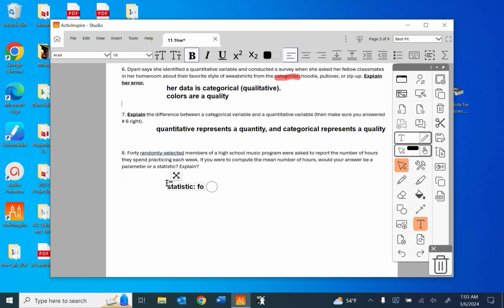It says 40 randomly selected members. It does not say the entire high school musical program. So that's a statistic. It's only representing a sample.